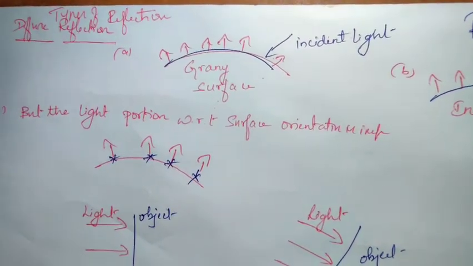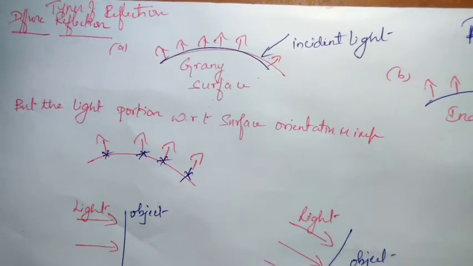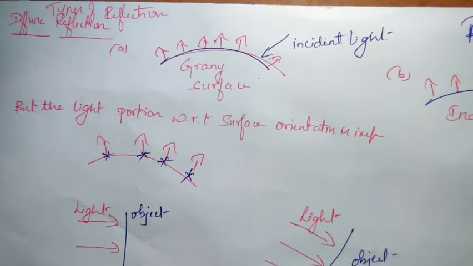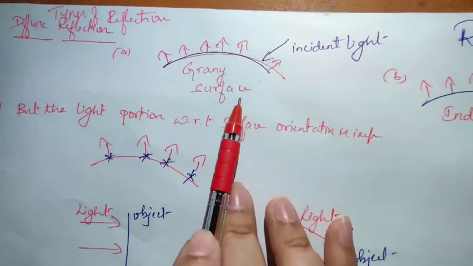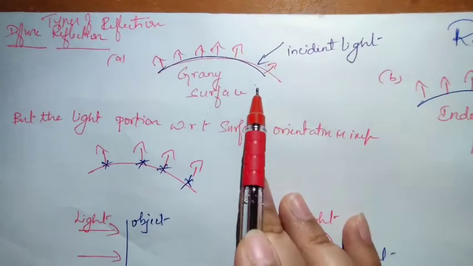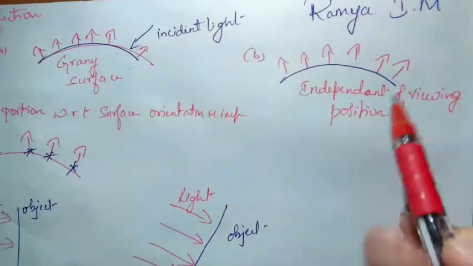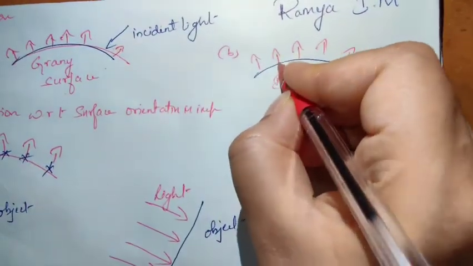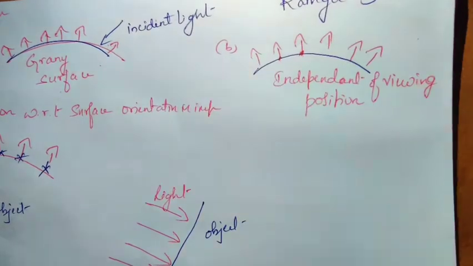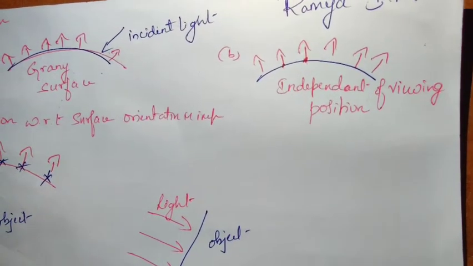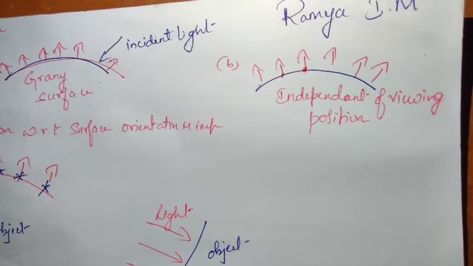In this case, it is independent of viewing position. It means equal brightness from all directions. For example, in a diffuse reflection, wherever you stand, here or here, you will get equal brightness of light in all directions.